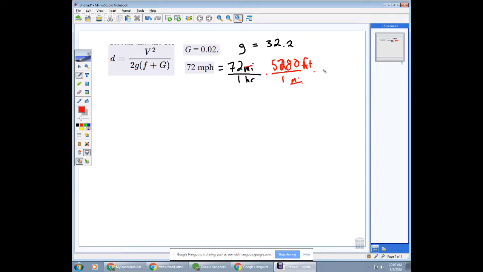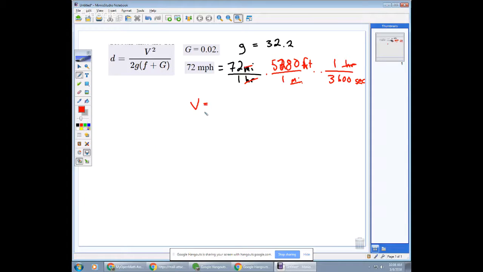So miles is gone. And then I got to get rid of hours. And I happen to remember that 1 hour is 60 times 60 or 3,600 seconds. So this is the conversion factor we were using the other day to get rid of hours. So we got to take the 72, multiply by 5,280, divide by 3,600. And that is the number we want for V.